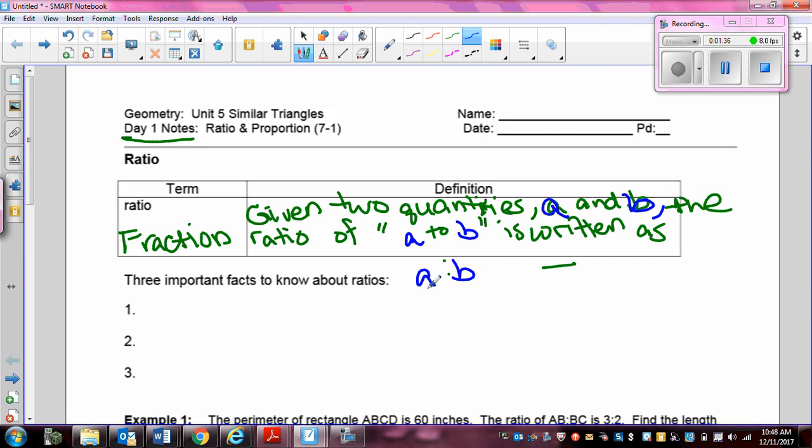A to B, we read that A to B or A over B. And this is just a period at the end of the sentence.